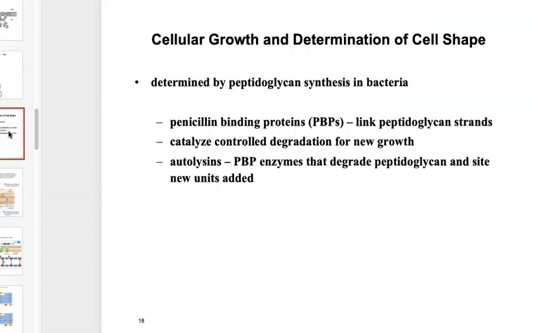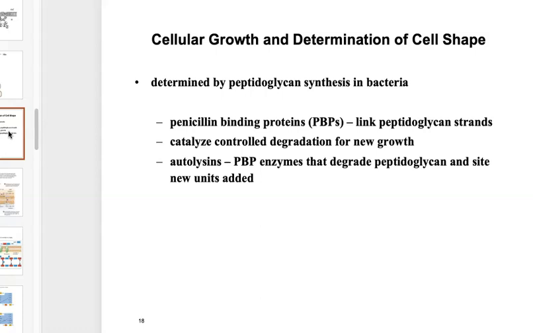Cellular growth and determination of cell shape occurs through a variety of factors. Penicillin binding proteins, which link peptidoglycan strands, catalyze controlled degradation of new growth. These PBPs are called penicillin binding proteins. It's not really their job, but penicillin works by attacking these proteins, specifically transpeptidase type penicillin binding proteins.